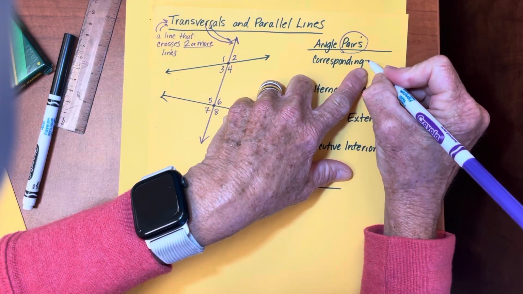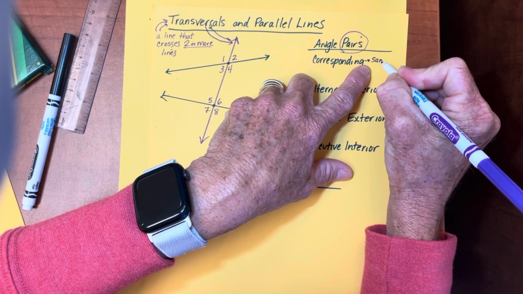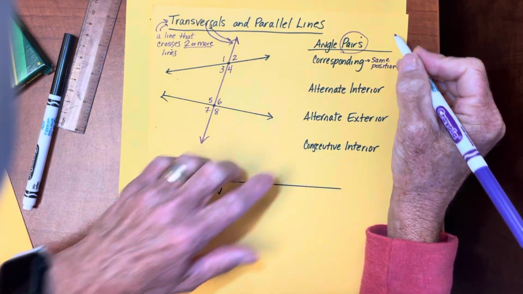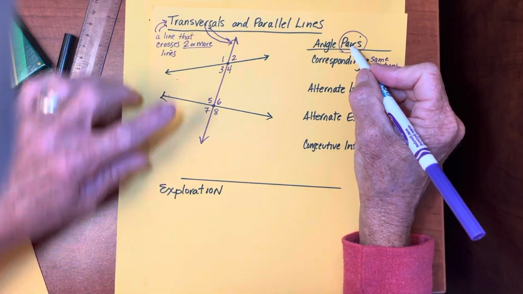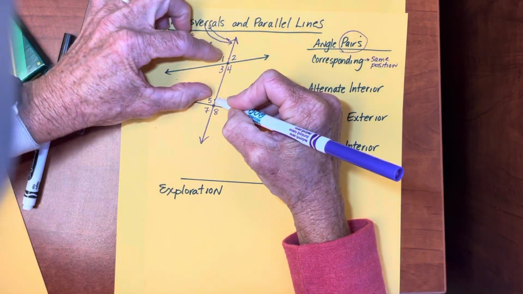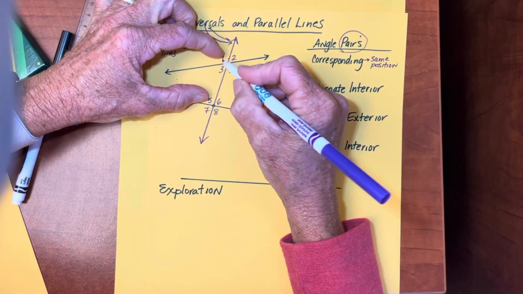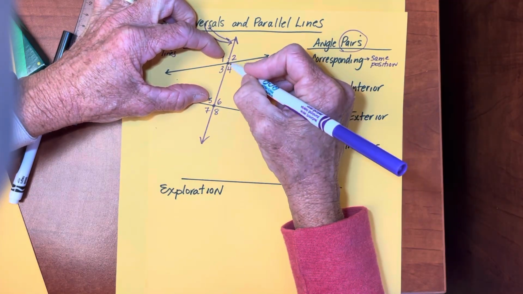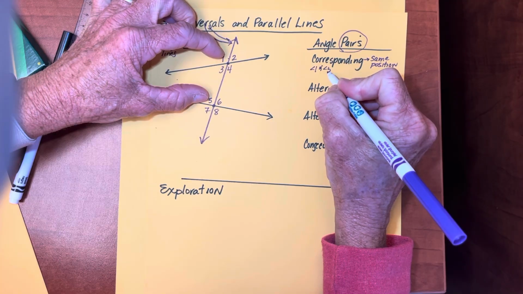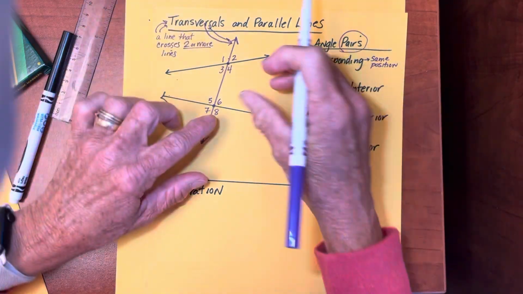So corresponding angles are in the same position. And there are 4 pairs of these. 1 is in the upper left spot, 5 is in the upper left spot in both of these intersection points. So angle 1 and angle 5, that's a pair of corresponding angles.